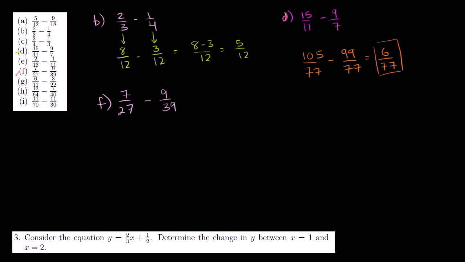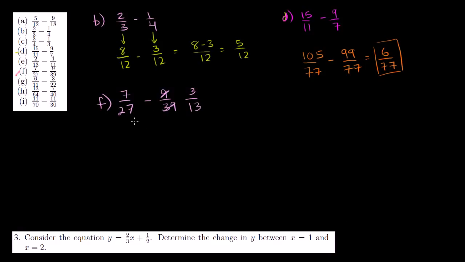And actually, there's something we might be able to simplify. 9 over 39, they're both divisible by 3. So I can rewrite 9 over 39 by dividing 9 by 3, it becomes 3. You divide 39 by 3, it becomes 13. So this becomes 7 over 27 minus 3 over 13.